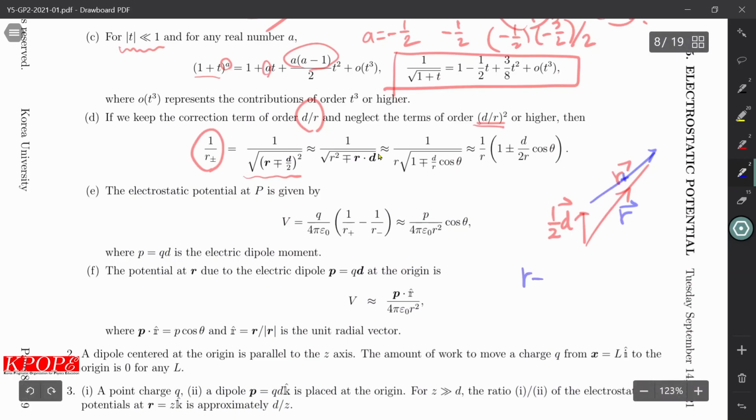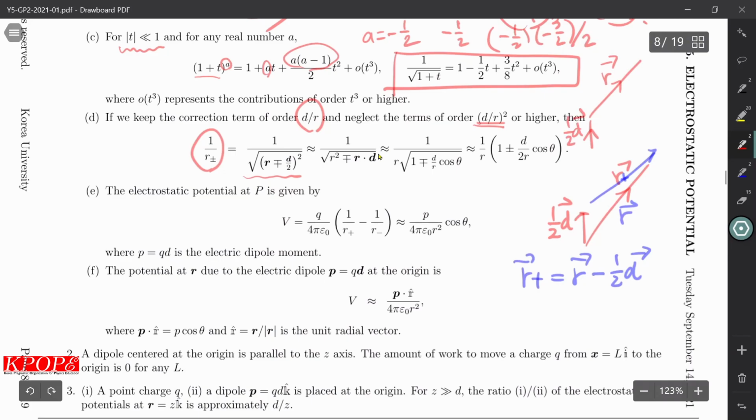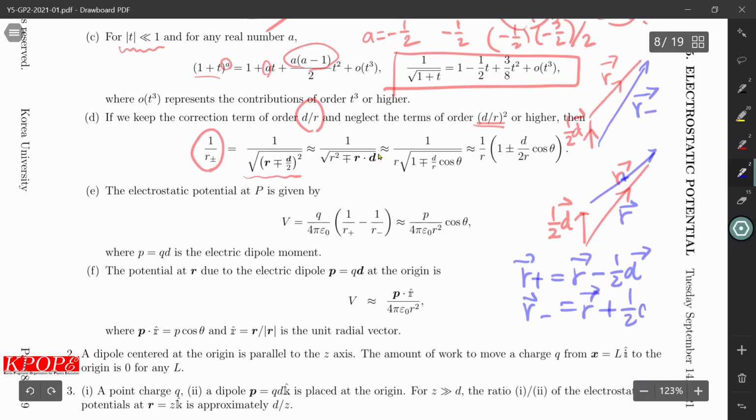So r plus vector equals r vector minus half of d, right? And r minus vector is r plus 1/2 of d.